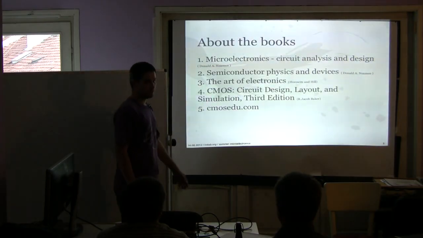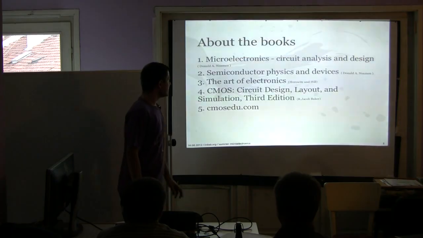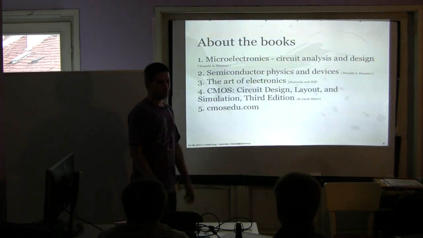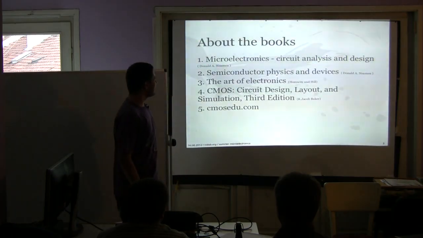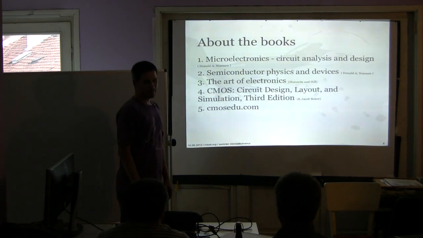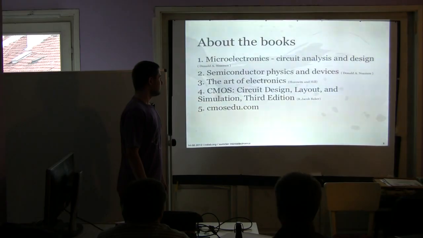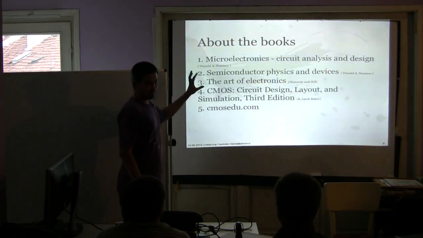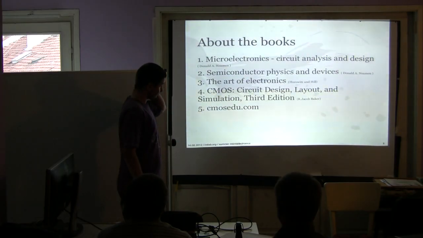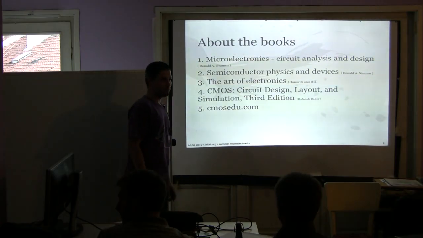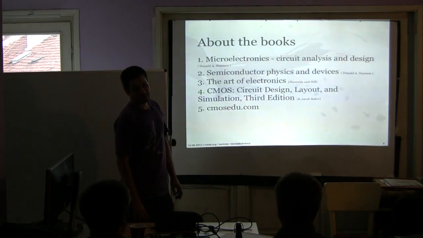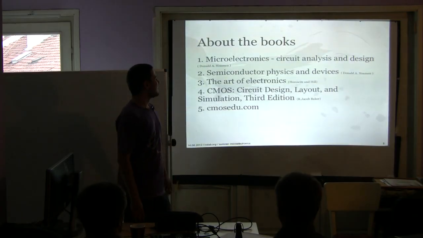Data of electronics is something like classics. You can use it as a reference, and I haven't said that these books are quite big. They're about 1,000 pages, and nobody can read them all.